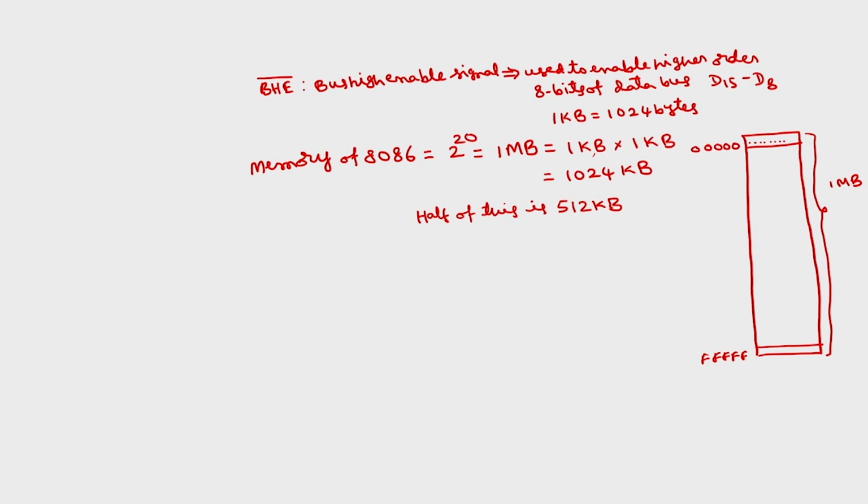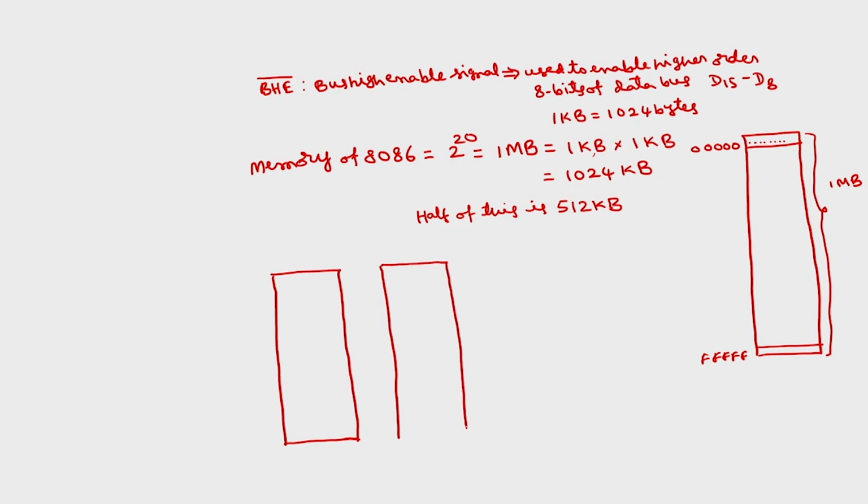So instead of that, if you want to read the total 16 bits simultaneously in parallel, the memory is divided into 2 banks, which are called the odd bank and the even bank. Now what is the capacity of each bank?